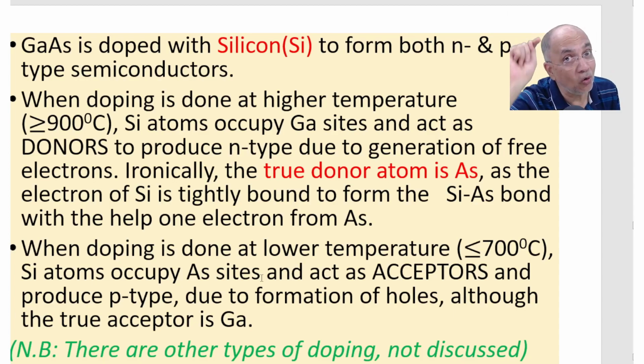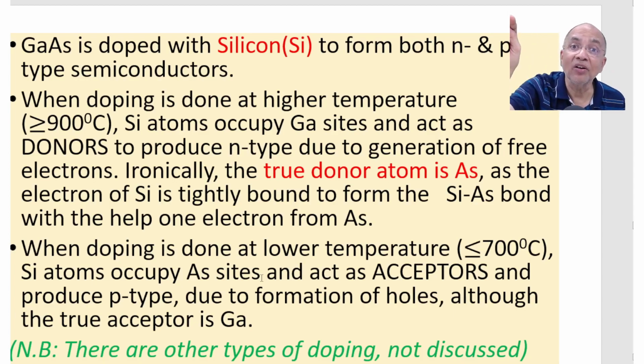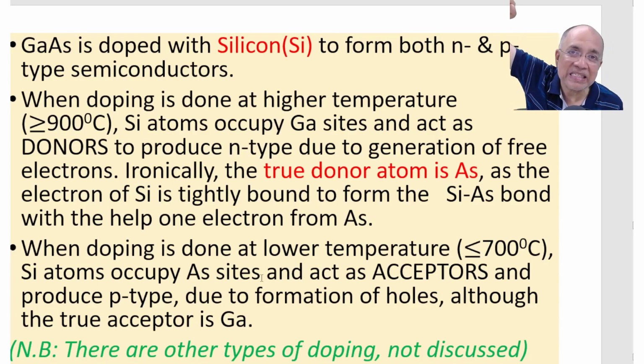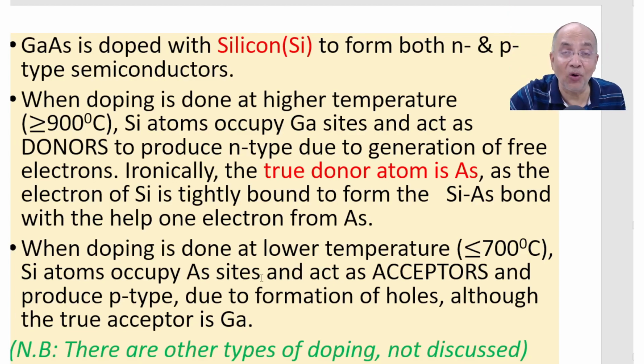But the real hole carrier is not silicon. Again, gallium, being the group 13 element, now carries the hole. Silicon, because it has valency 4, will tightly bind its electron and will not allow it to go easily, but the real hole carrier is gallium.